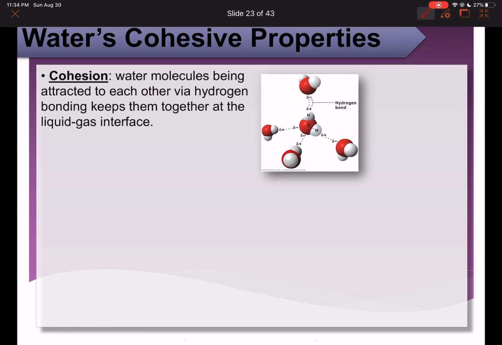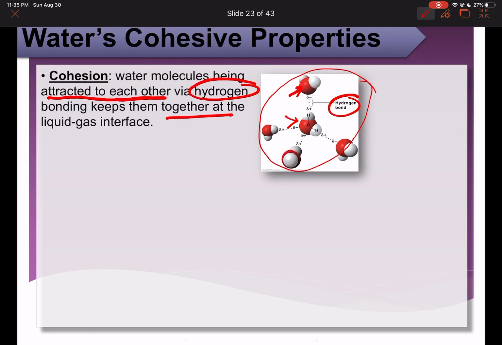Cohesion is when water molecules are attracted to each other via hydrogen bonding, which keeps them together at the liquid-gas interface. This is what we talked about earlier, how a water molecule here is attracted to another water molecule via hydrogen bonds. So that's a type of cohesion property where the two water molecules are attracted to each other, which is what we explained earlier, okay?